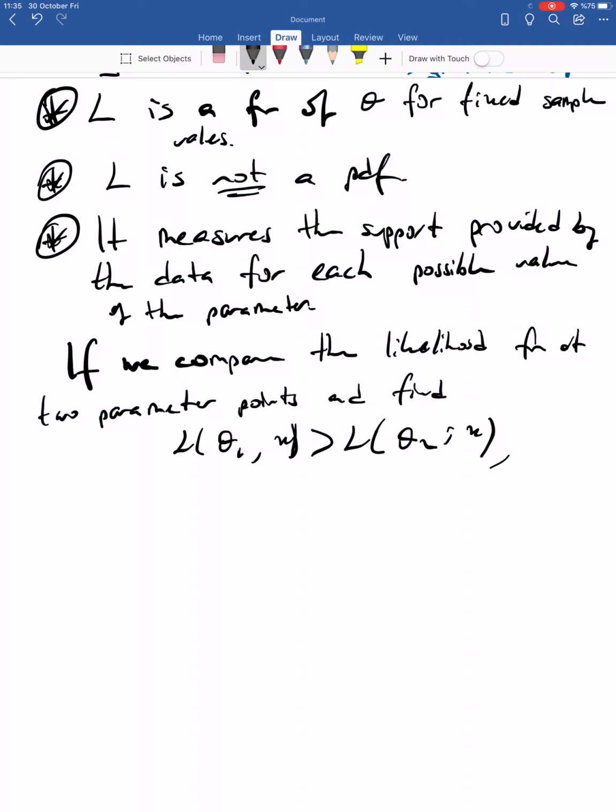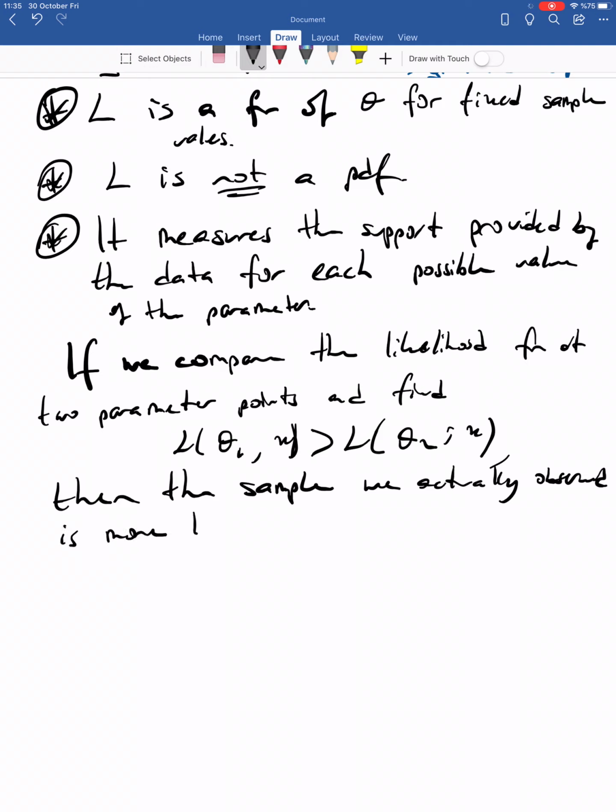Okay, so then we can say that the sample we actually observed, that x, is more likely to have occurred if theta equals theta 1 than if theta equals theta 2.